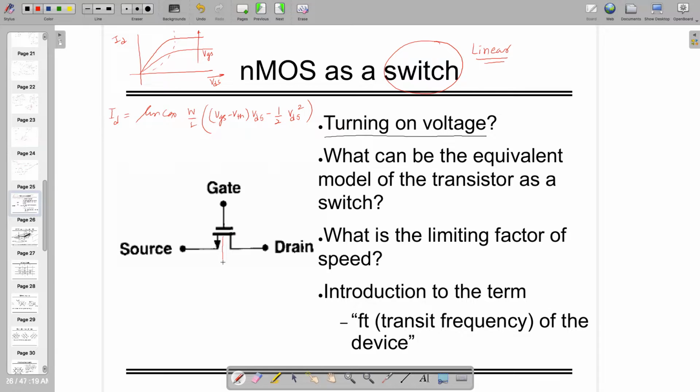If the author has not drawn the body potential, if it is not given, then you have to assume that in the case of NMOS, it's connected to ground, and in the case of PMOS, it's connected to VDD.